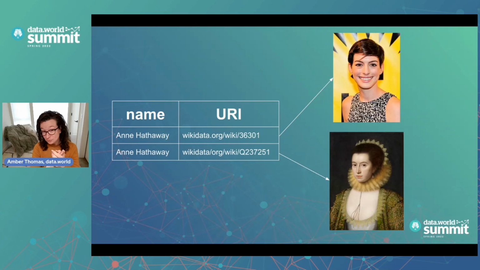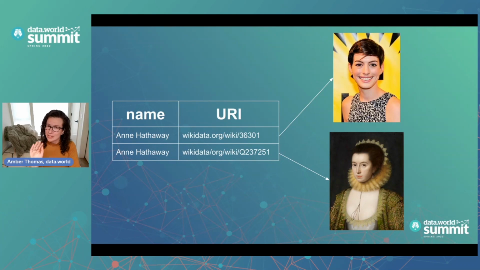Anywhere in the world that you go and look at this URI, you are going to get data about Anne Hathaway, the actor. Now, I'm still representing this as if it were tabular data in something like a CSV file. And you can represent data in this way, but often when we're talking about data that is represented by URIs that are, again, available worldwide, usually we start talking about data in a graphical format.